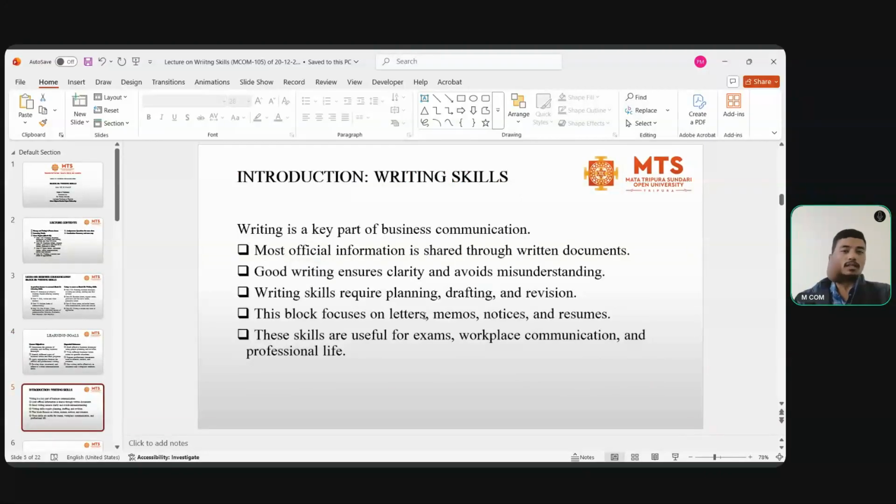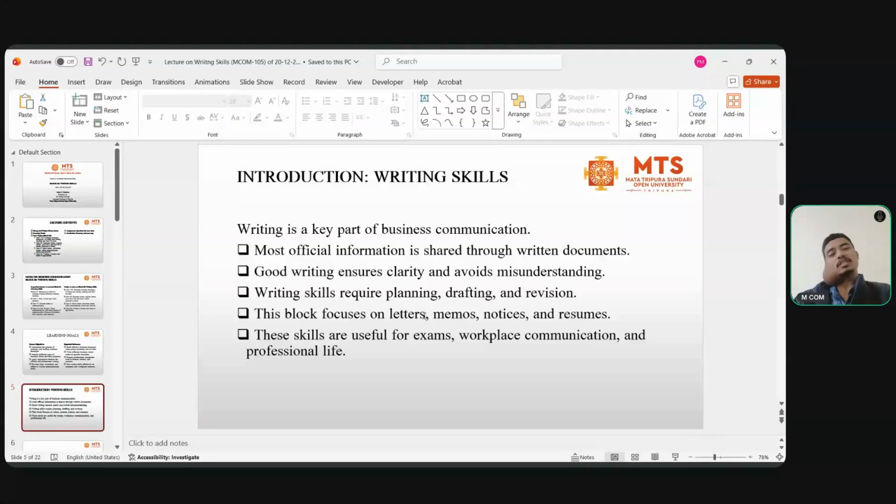So now, see, writing is a very structured process, and it is a key part of business communication. It does not happen suddenly. Good writing requires planning, drafting, editing, and revising.